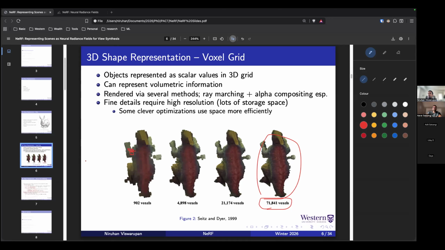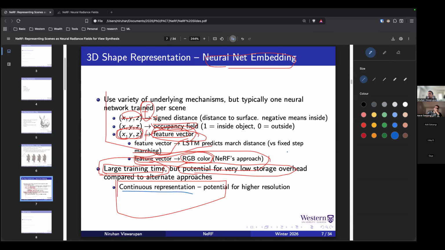If you look at it in a 1D manner, it will be like this, just to give you an idea, it will not be continuous. But if you take a neural network, let this be some dimension in space X, you can have this smooth approximation where you give X in different steps and get different values from the neural network output. That is what they mean by continuous representation. So there is potential for higher resolution.